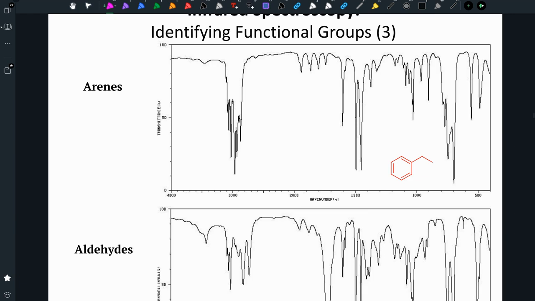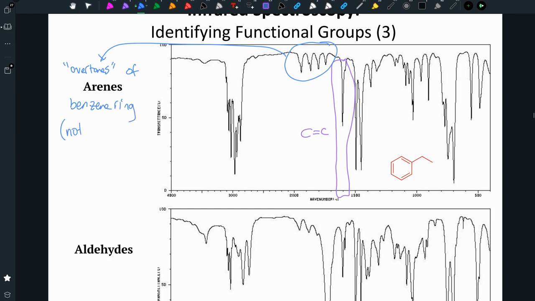All right. This next molecule is an aromatic ring. You will notice it does have the 1600 peak for carbon-carbon double bond. There's often also these peaks here that are called overtones of the benzene ring.